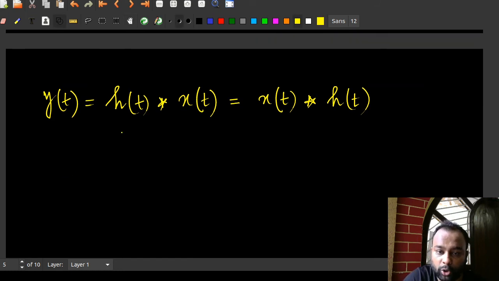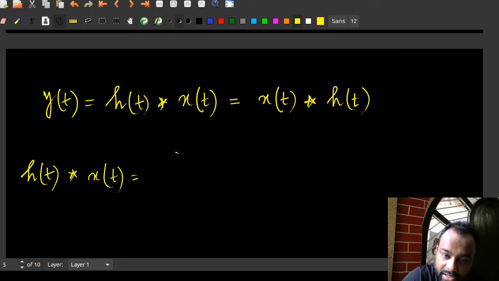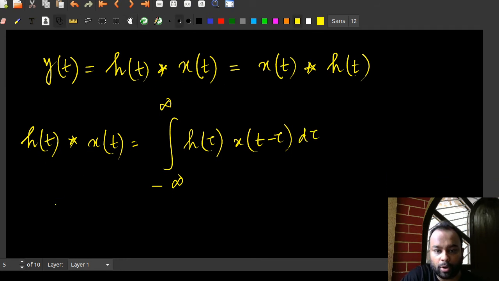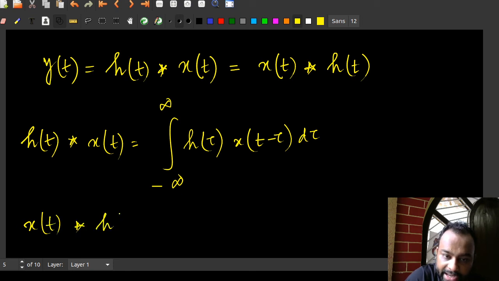If I consider this to be my property, this to be my expression h, this is going to be from minus infinity to infinity h tau x of t minus tau d tau, and if I consider this to be the property, then xt convolved with ht gives me this integration.